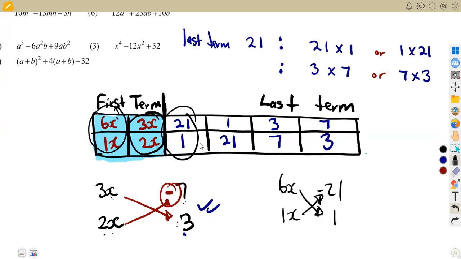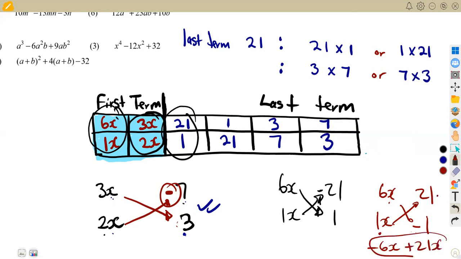The other one, positive. I try 6x again. I move on to another combination. It can be 6x and 1x, and this 21 this time as a positive, 1 as a negative. So I multiply whatever I get here, 6x and 1x, I get 6x. 1x times 21, I get positive 21.